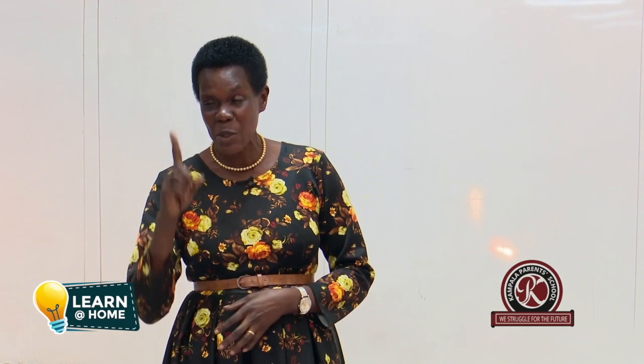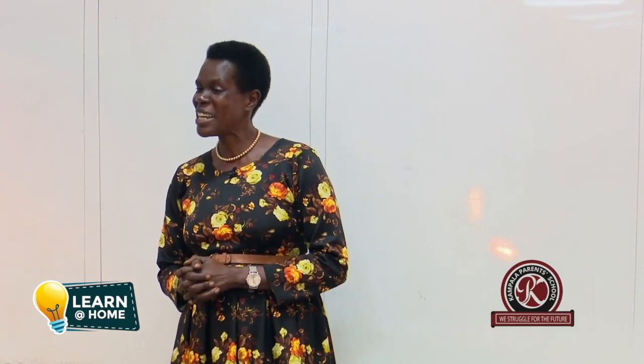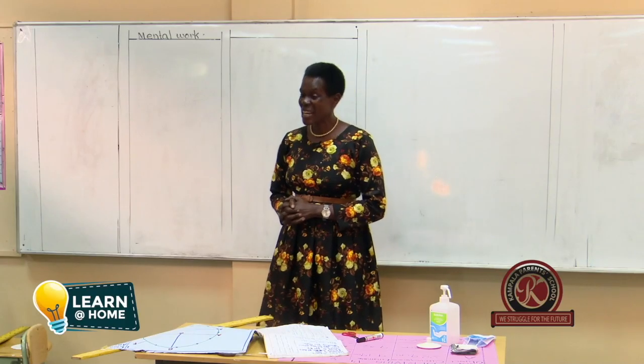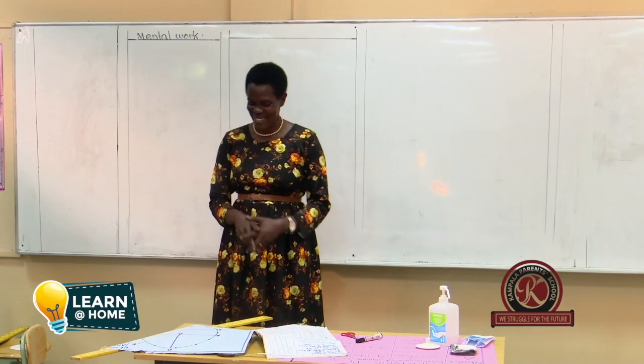Before we start, I want you to write in your classwork book, Maths Classwork 1, mental work. I know some of you are not writing because there are those who are always ready.